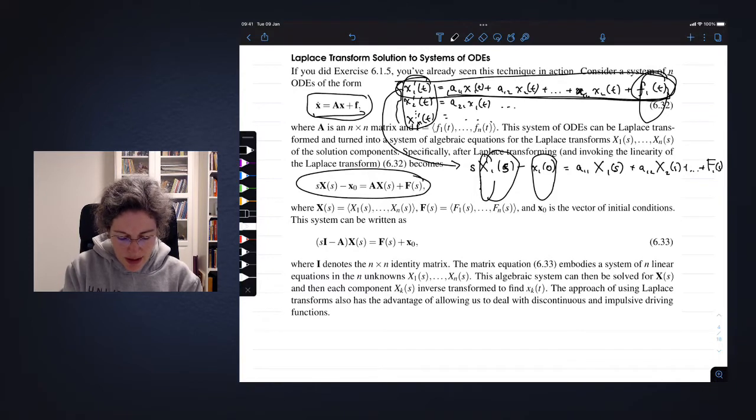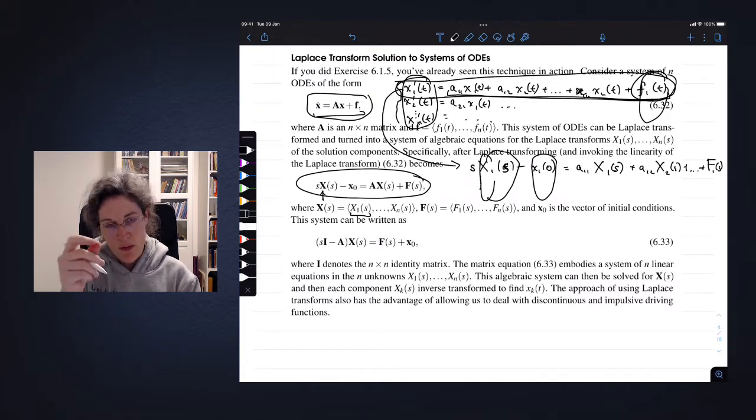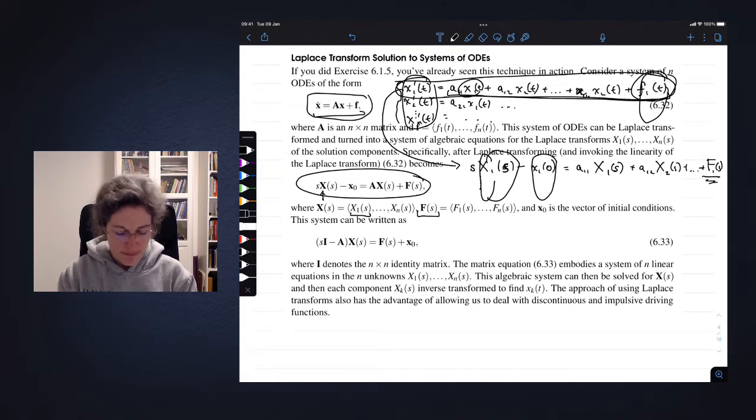So noting that each component of our big X here is the Laplace transform of each of our original functions, our little x1, x2, and so on. And our big F here is the Laplace transform of each of our f components. Okay.